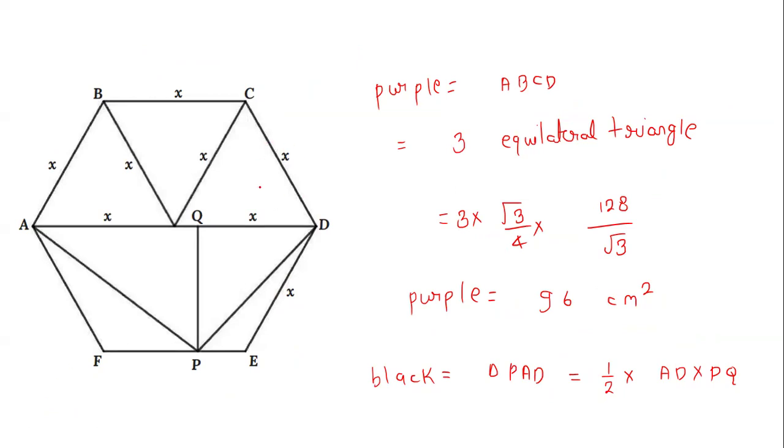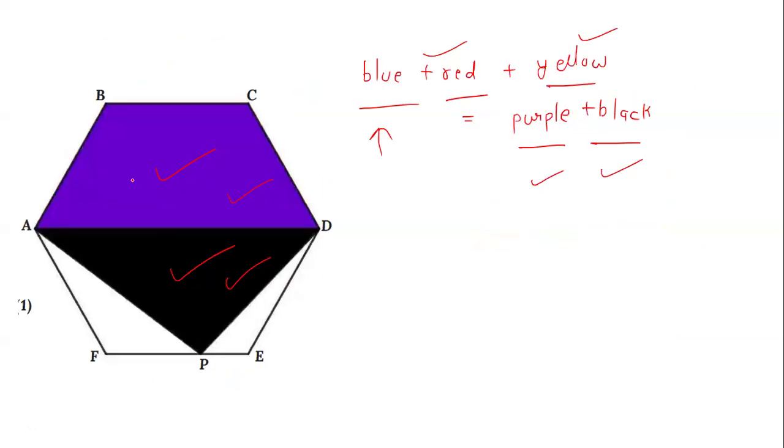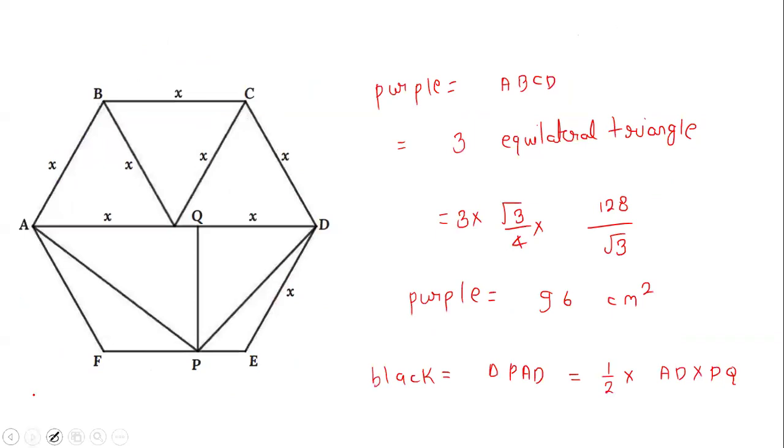Now you see this is our purple area, this above area. This is a regular hexagon, and I divided this whole purple area into three equilateral parts. How did I divide it? You see, this AD has a length 2x. Let's say this is the midpoint.